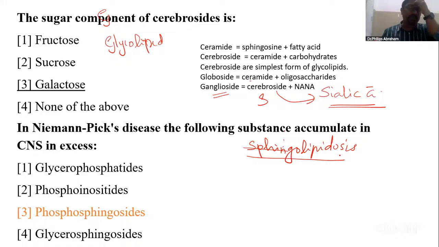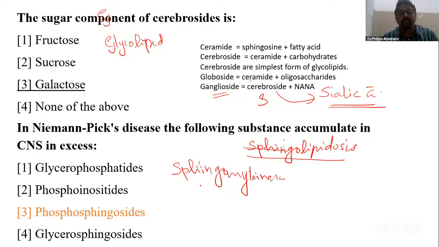One example of sphingolipidosis is Niemann-Pick disease. Here, the sphingomyelinase enzyme is absent, so sphingomyelin, a phospholipid, will accumulate. Deficiency of sphingomyelinase, the enzyme that helps in the breakdown of sphingomyelin, leads to Niemann-Pick disease.